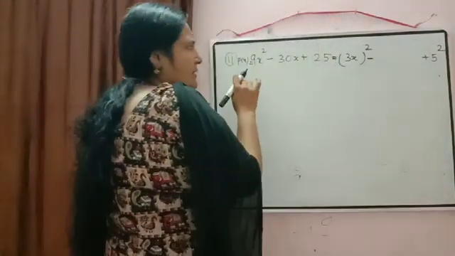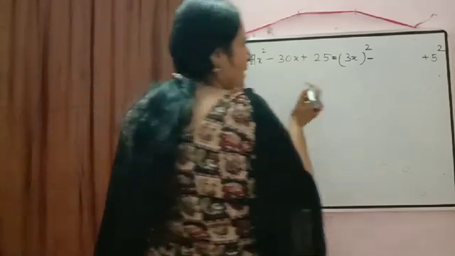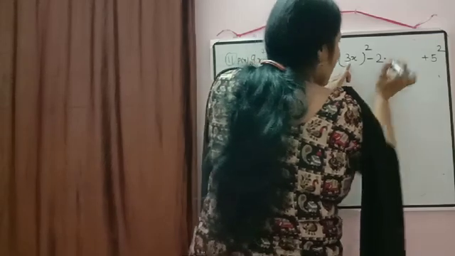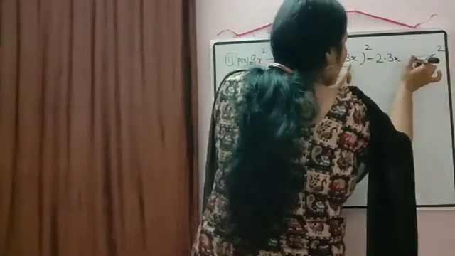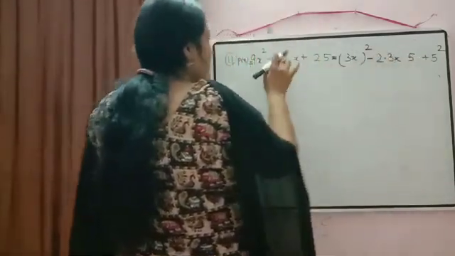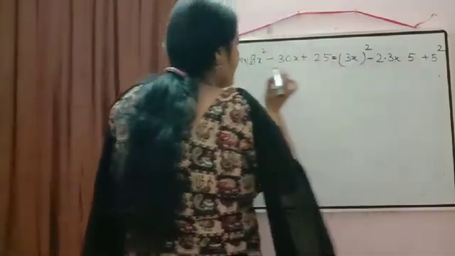So now here we know our identity is a square minus 2ab plus b square. So minus 2 into, what is the value of a we have taken? 3x. And what is the value of b here? 5. Just multiply, what will you get? 5 3s are 15, 15 2s are 30 only. So the given expression can be written in this way.